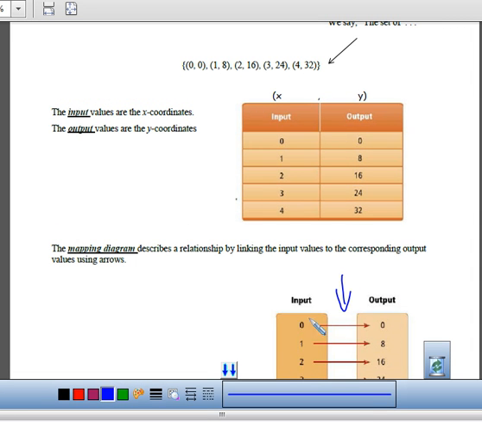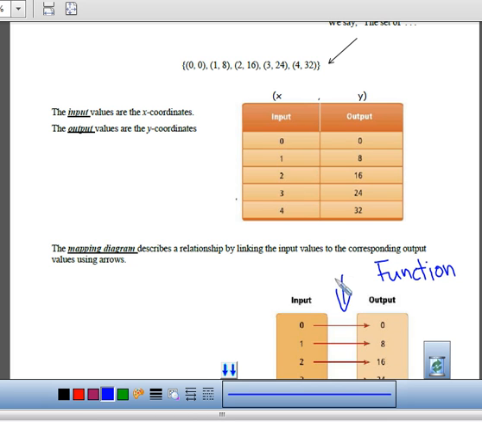And by the way, because of this map, this is a function. Alright, and we're going to talk about why in just a few moments here. Alright, so we've got a table up here.